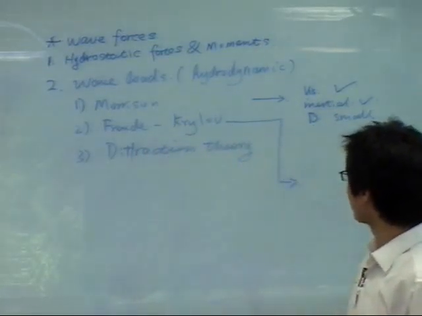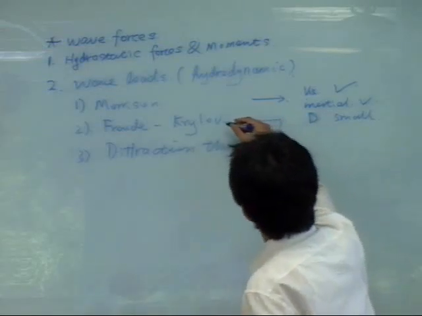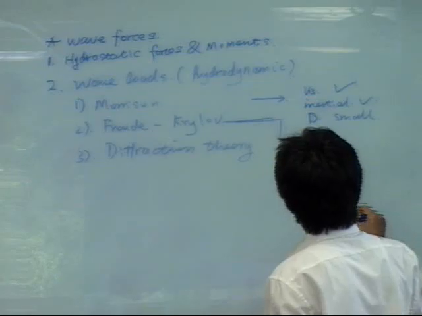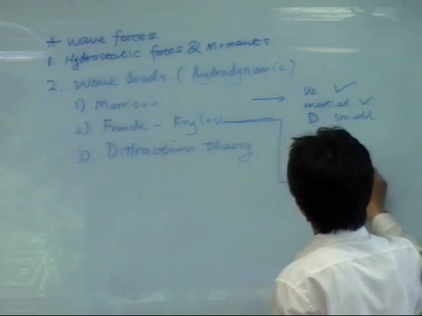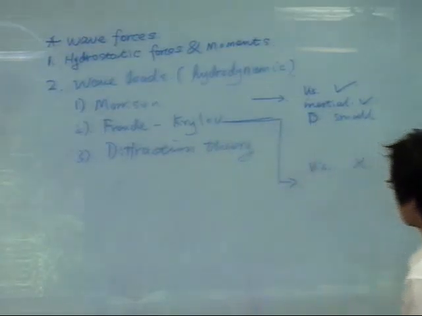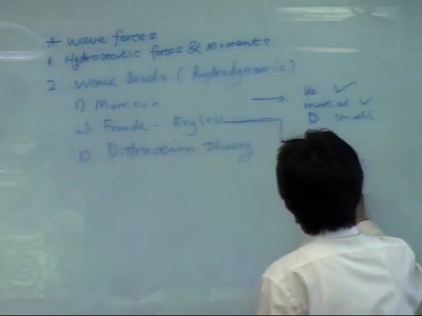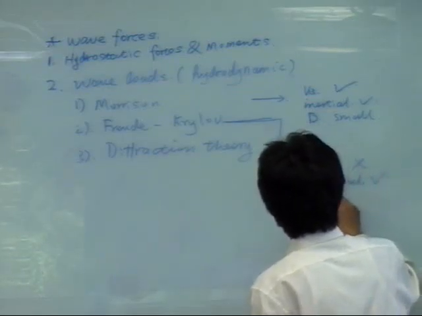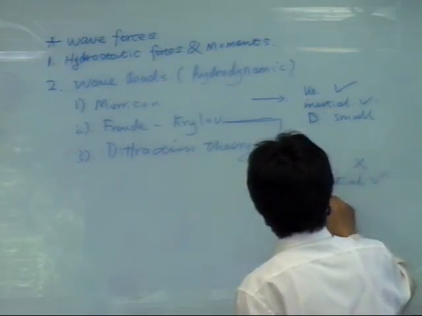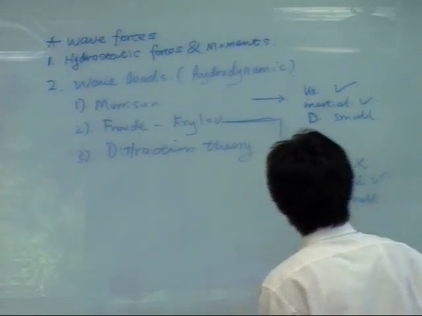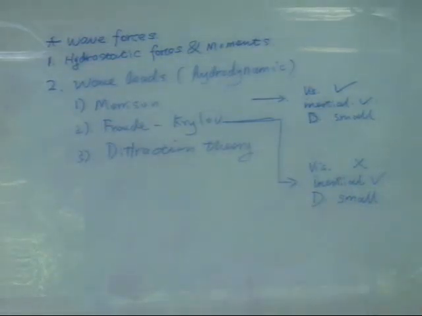For the Froude-Krylov method, we require the viscous force to be small. We can ignore it. Inertial force is there, we have to consider it. And then the characteristic geometry of the structure is small.